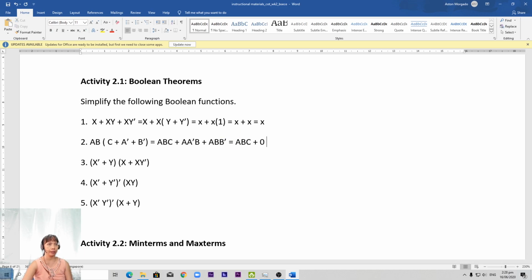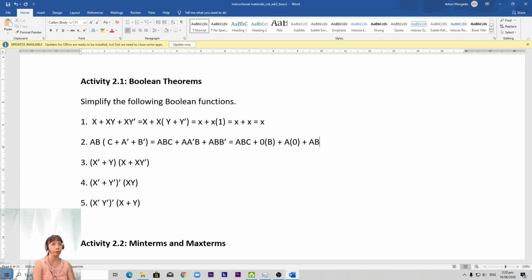Likewise, ABB prime. Actually, this is A times BB prime. For BB prime, if B is 0, then B prime is 1, and 0 times 1 is still equal to 0.